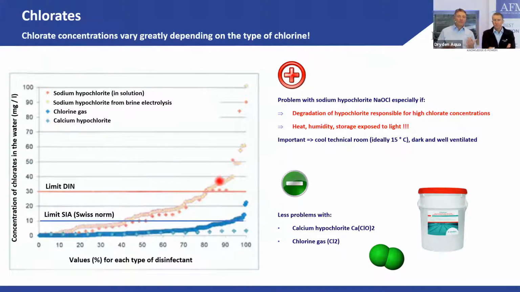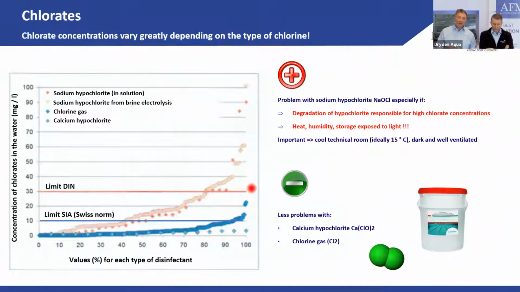So what we see is that, to be within the limit of Germany, some of those with sodium hypochlorite haven't made it. Probably because it was stored too long, but even with the sodium hypochlorite from brine electrolysis, they haven't made it. We also see that the chlorine gas and cal hypo worked a lot better.